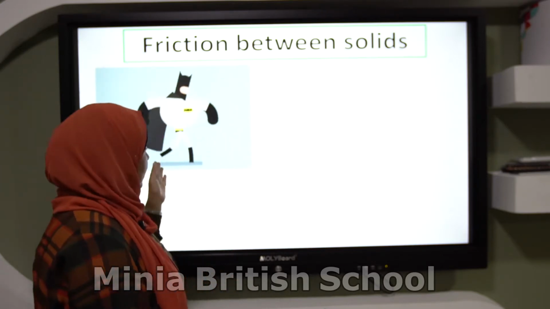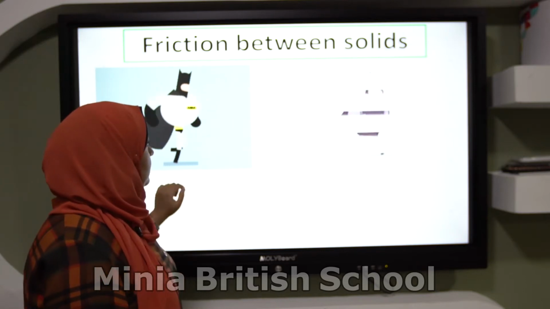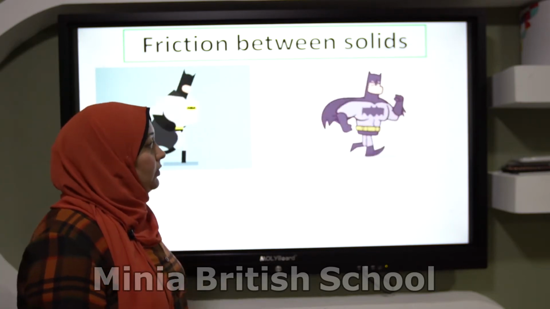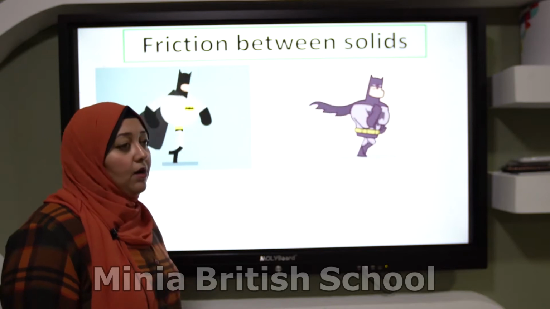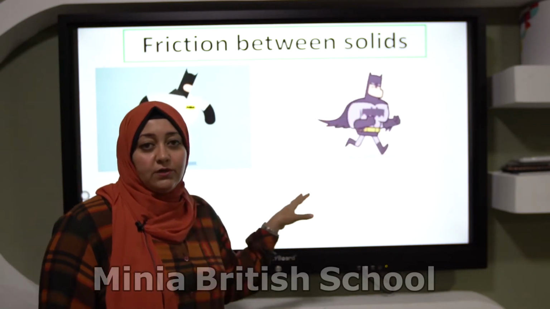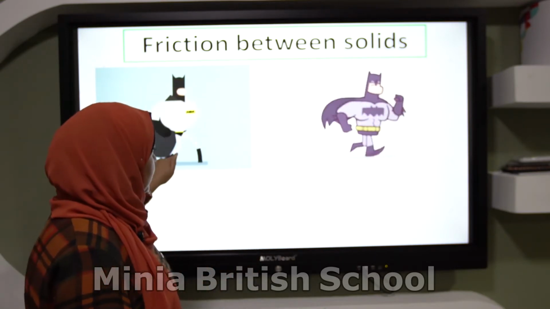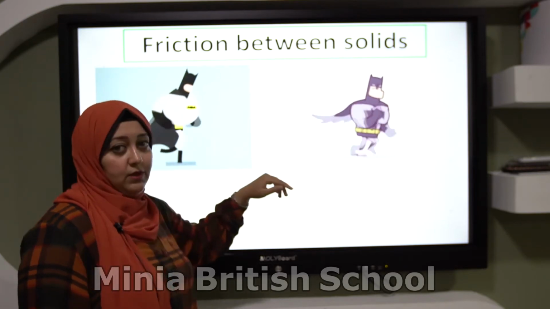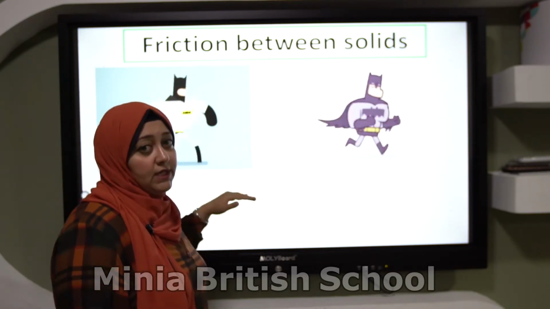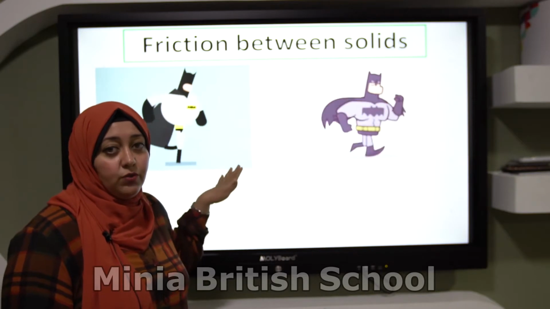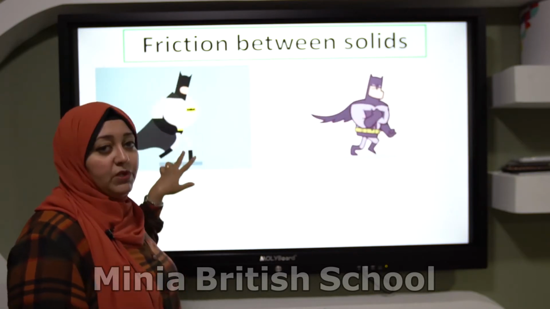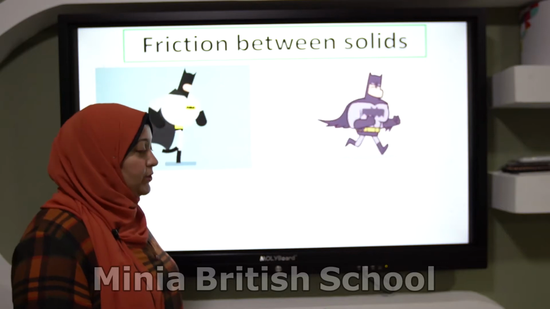If you are running or walking, both of them are having friction between your legs and the road. The road is a solid, and your leg is a solid too. So we have here friction between two solid objects.